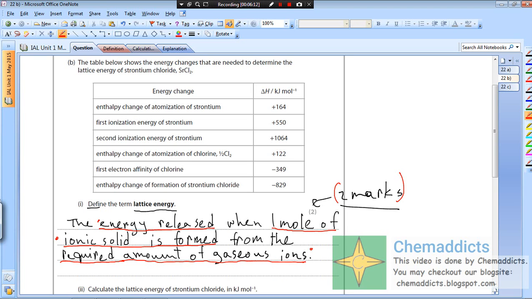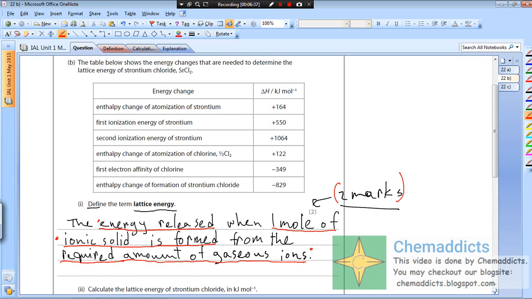So fellas, it would be easier if you break the definition into small parts. It would be easier to answer, and there will be no possibility of missing any points. So just break it down into small parts.